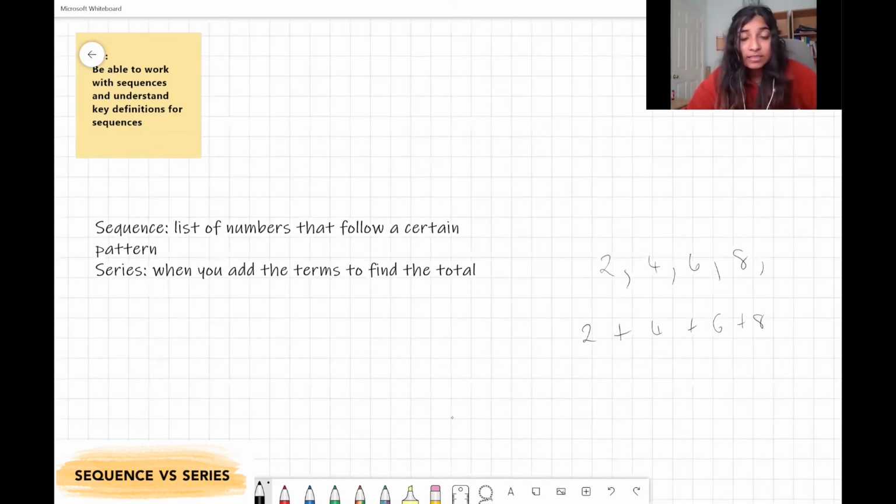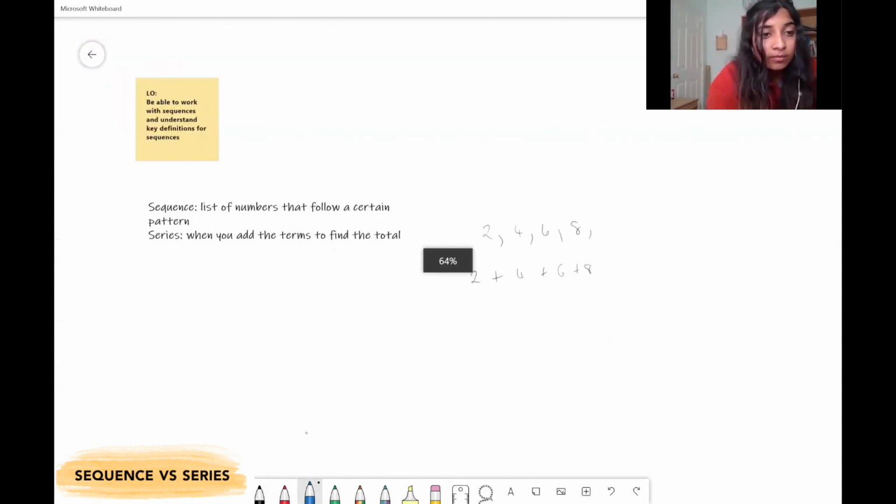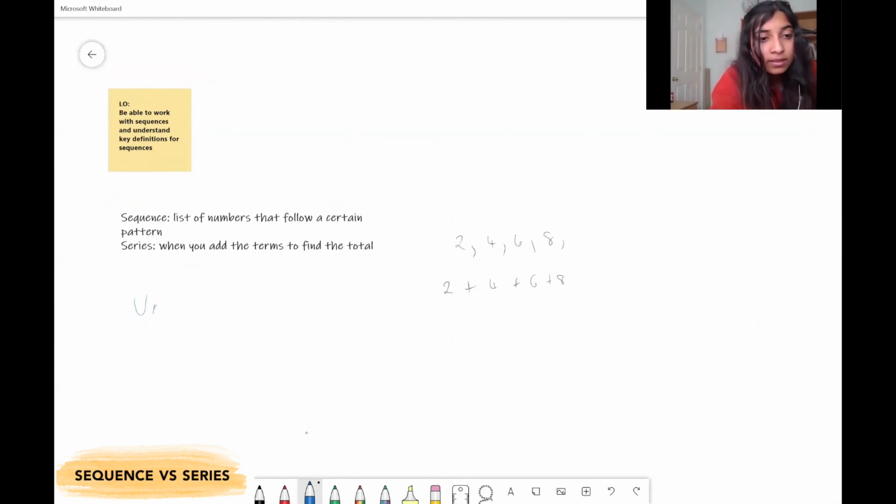And so there's another notation that you could use to find what the series is. So let's say you have a sequence with u_n equal to 2n plus 1, so like a random sequence.